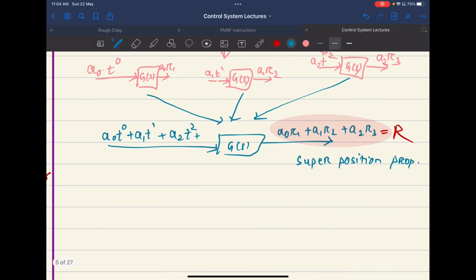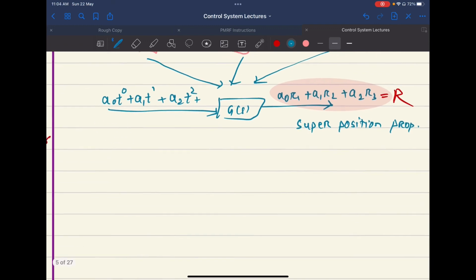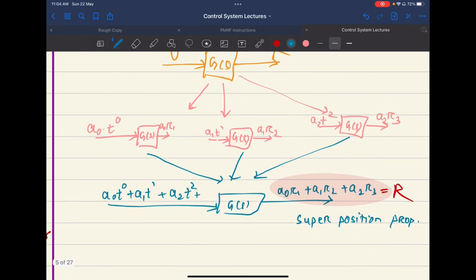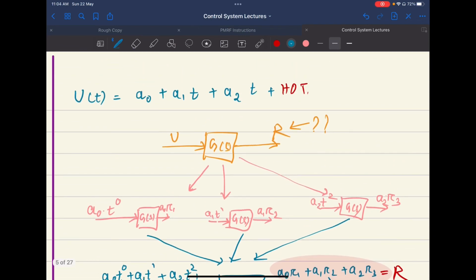This is the concept that very few books explain, and it is a property you should know. Why are we only learning about the step input response, ramp input response, or parabolic input response?